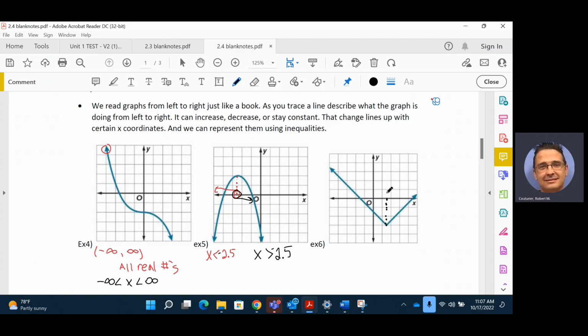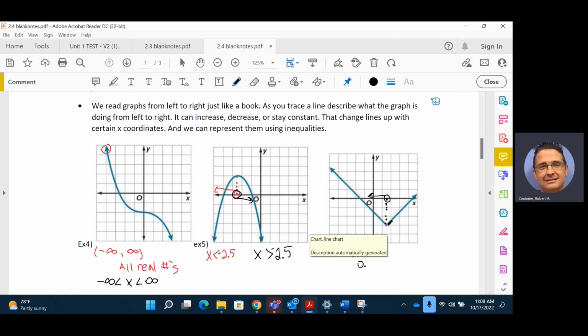This is 1, 2. It's about right in the middle of 1 and 2, about 1.5. So right here is that key point. So for any value of x that is less than 1.5, it's decreasing. I'm just going to write a D for decreasing.